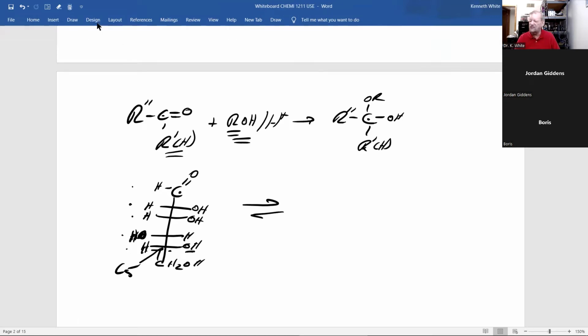Now, one thing I haven't taught you, I'll mention right now: when you have two functional groups that are going to react in the same molecule, we call that intramolecular. Intra means inside the same molecule.